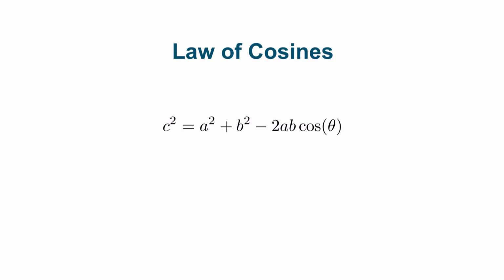Now, the law of cosines is a bit more complicated looking, but I think it has an easier intuition. I'll try to convince you that it's a generalized Pythagorean theorem. So let's take a look at the law of cosines. Again, if you open up a textbook, you'll typically see something like this. But I need a particular triangle in mind in order for it to make any sense.